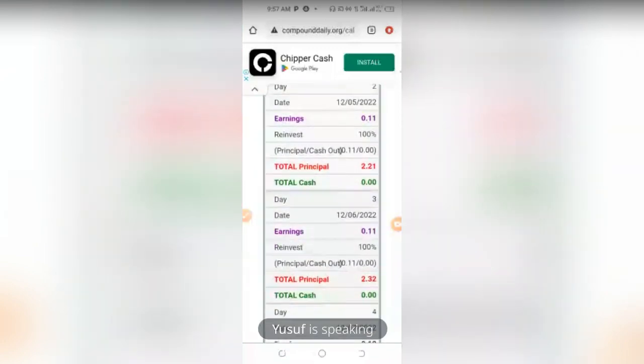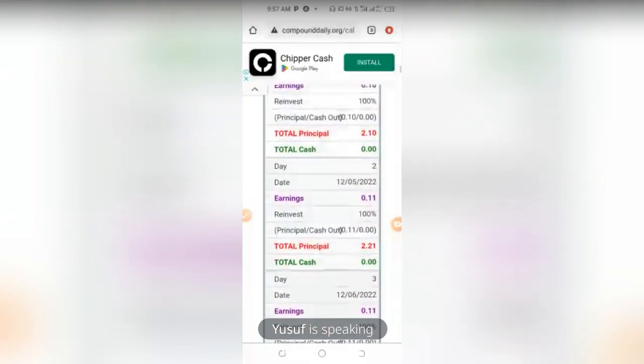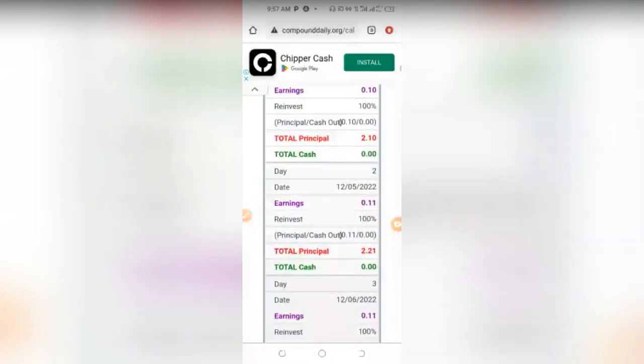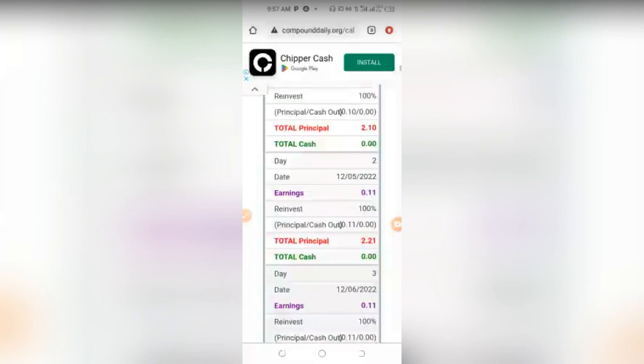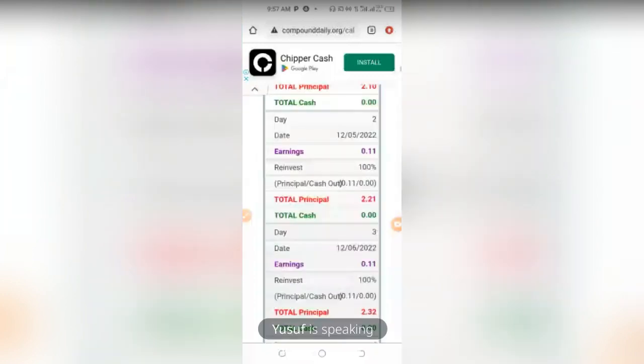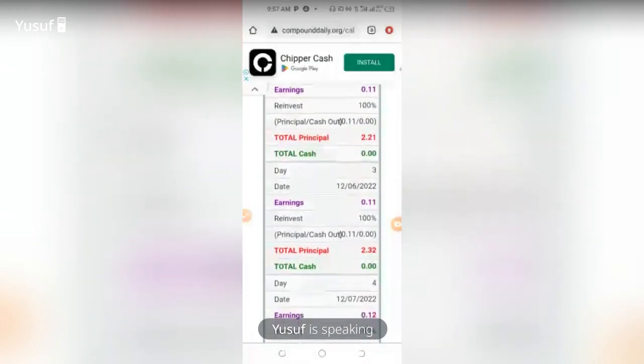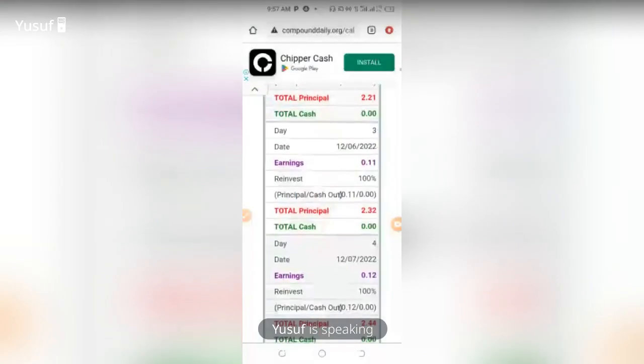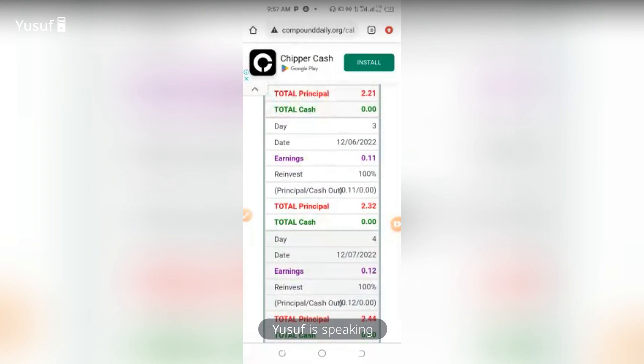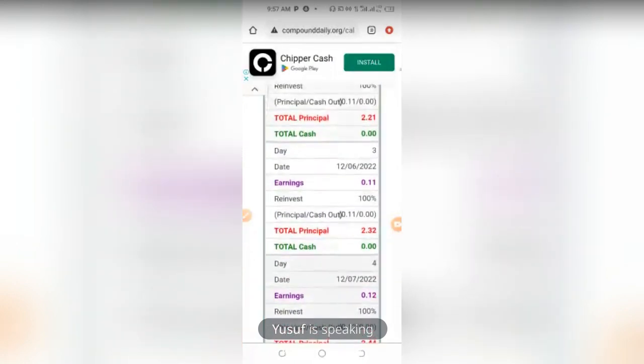Then adding it to the principal is 2.21. You can see like that. So this is the amount you'll be exposing, and it will be increasing like this, 2.21. I'm calculating this based on the amount you will be exposing to trade.